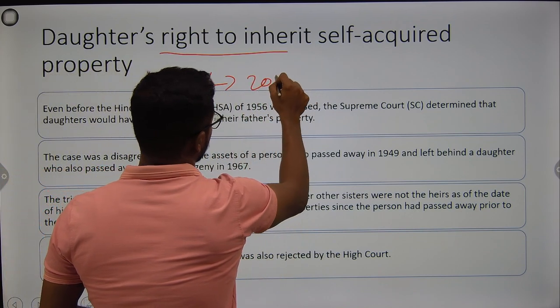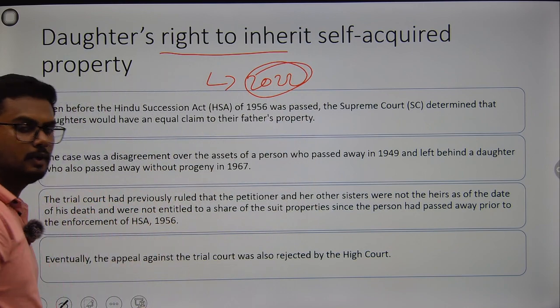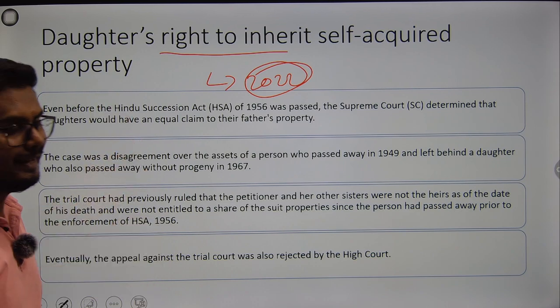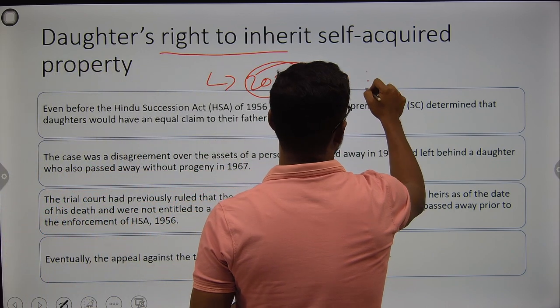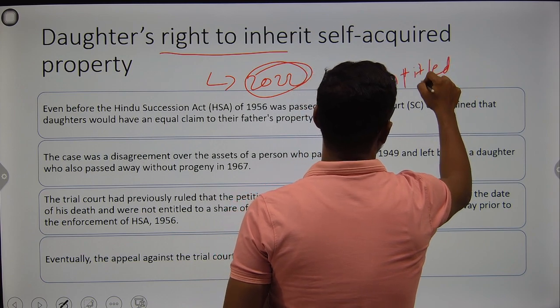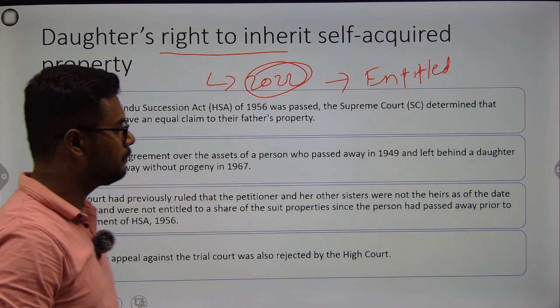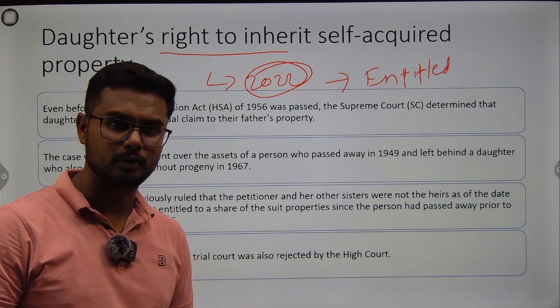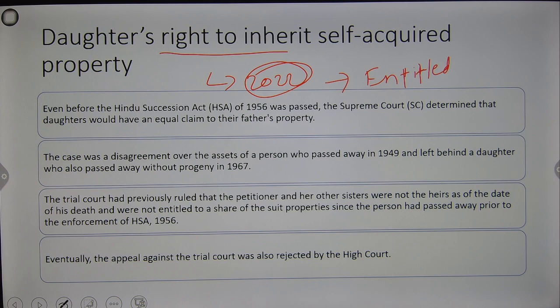In September 2022, Supreme Court passed a verdict according to which even daughters are equally entitled to inherit their father's property. But before this, it was really hard and difficult for a daughter to inherit the ancestral property.